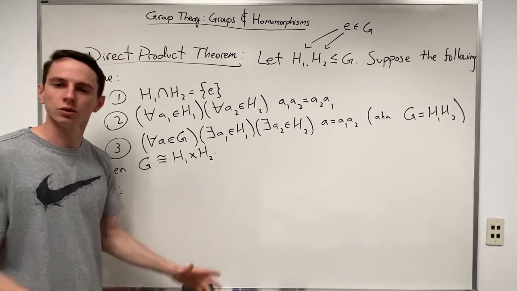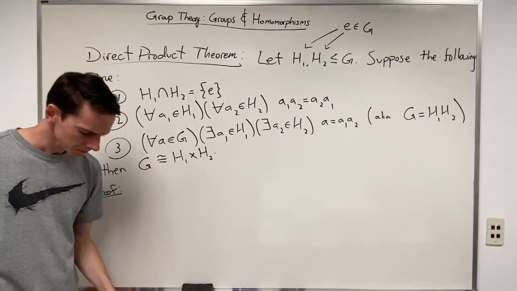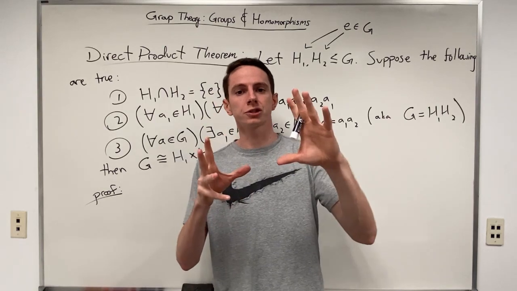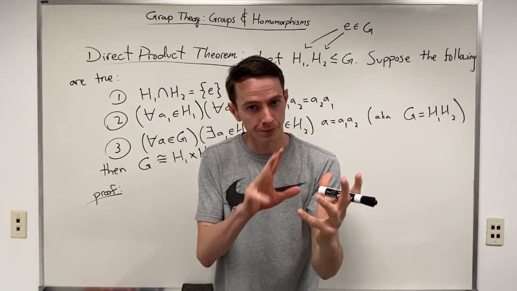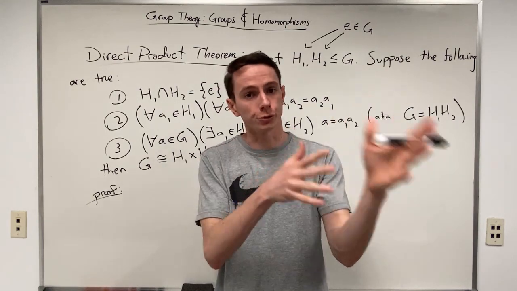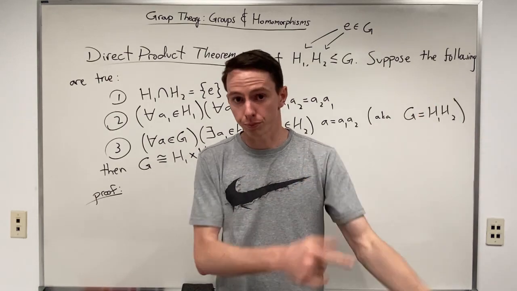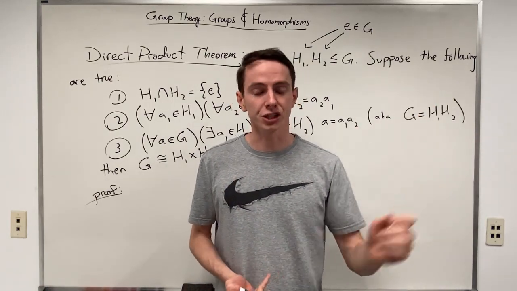Okay. So let's go through showing ultimately this direct product theorem. Now, in the last example, we used the idea that we could look at the elements of a group to determine if two groups were isomorphic or not. And that's very useful, like looking at the rules associated with pieces of a chessboard.